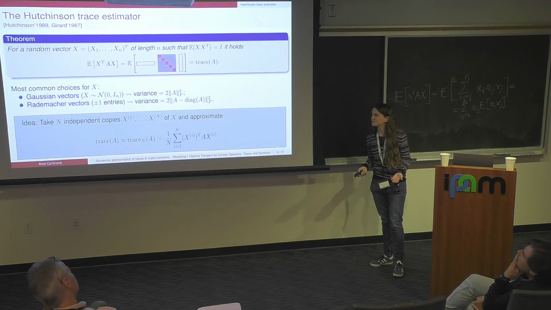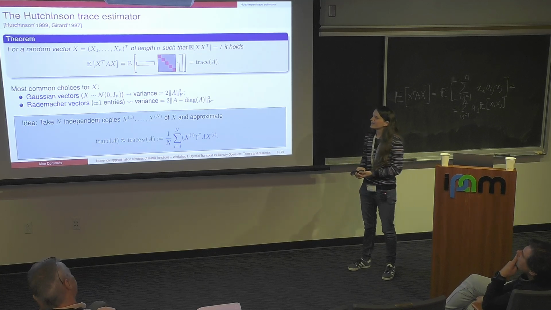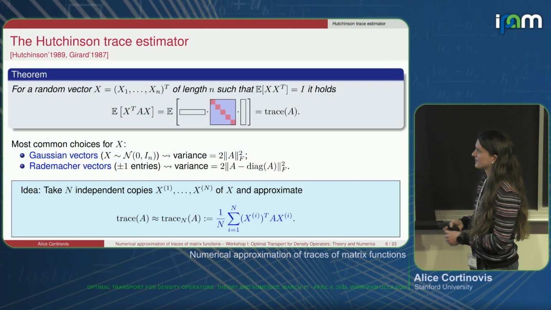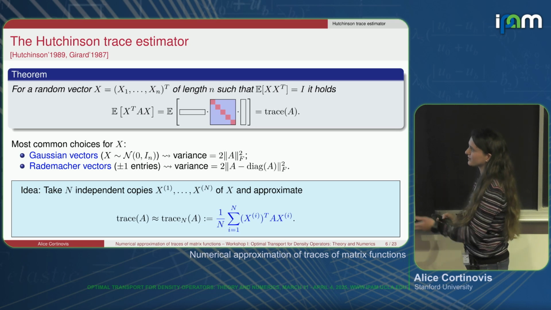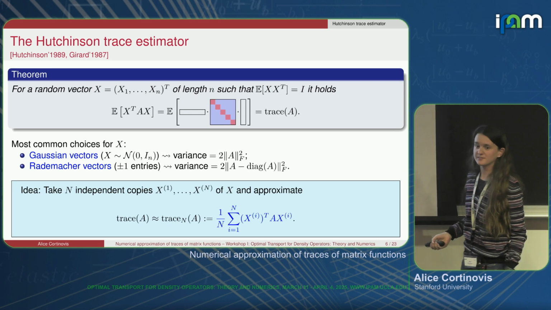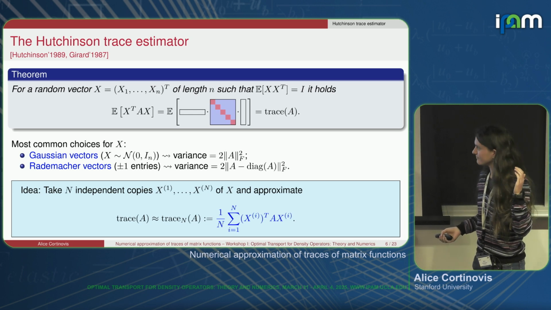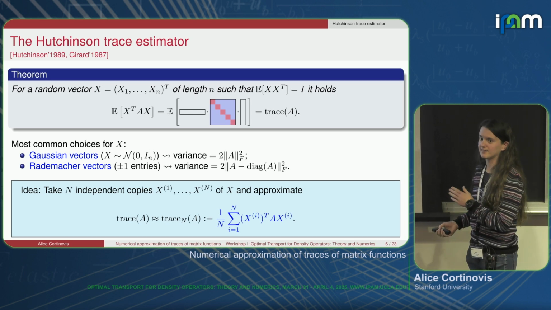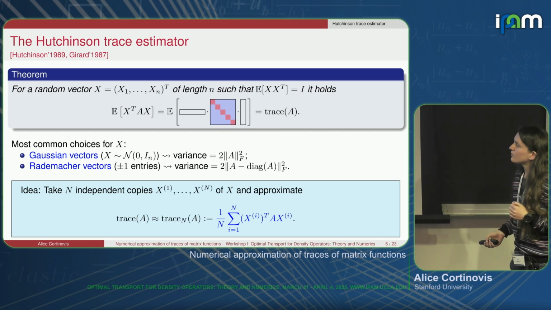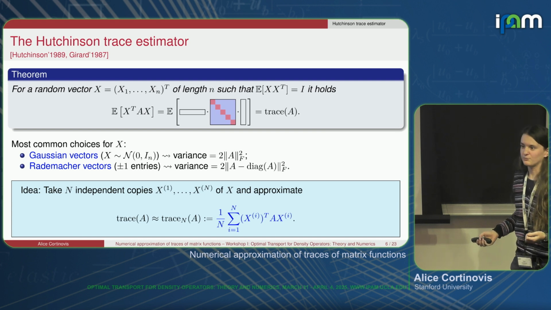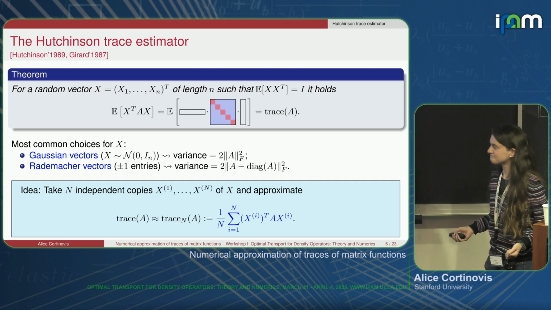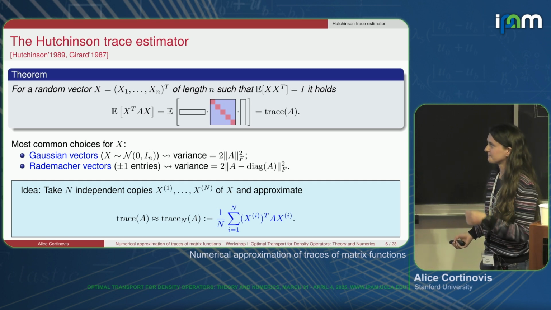The two most common choices for the random vectors are Gaussian random vectors, in which you take each vector to have IID entries which are standard Gaussian random variables, or Rademacher vectors, in which you take each entry to be plus or minus 1 with probability 1/2, all independent from each other.